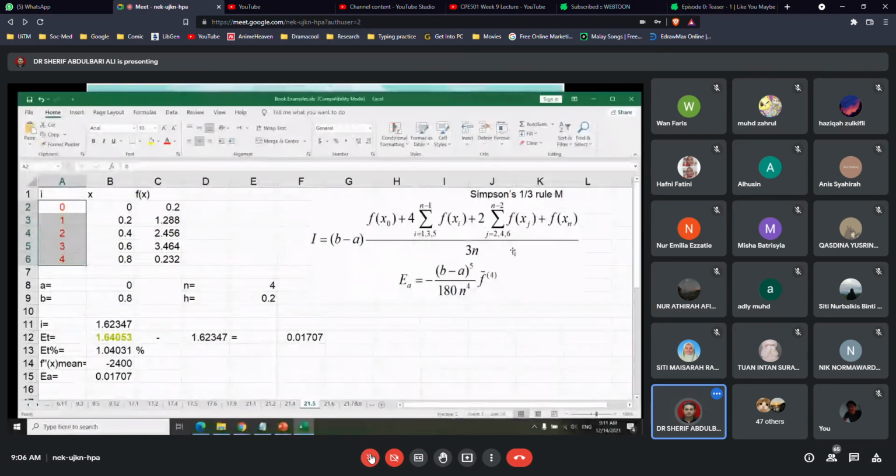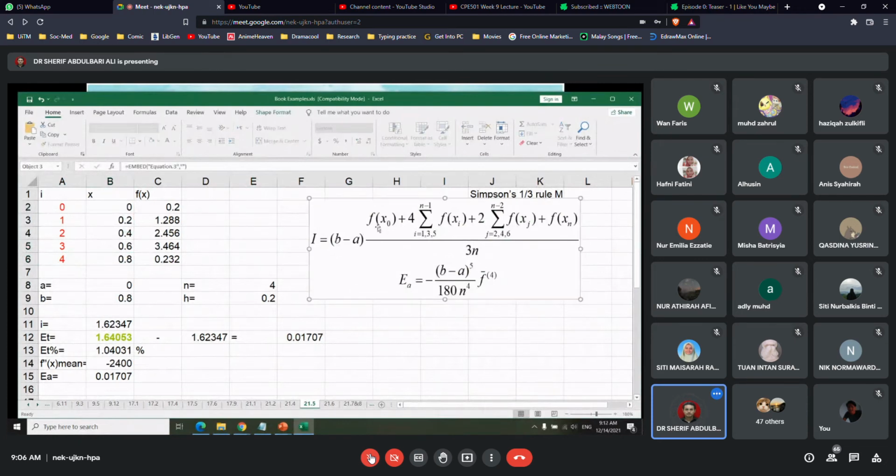We start from 0, and this is the last point. So b minus a means 0.8 minus 0. The function of 0 is 0.2, plus 4 times this value and the 3 1.